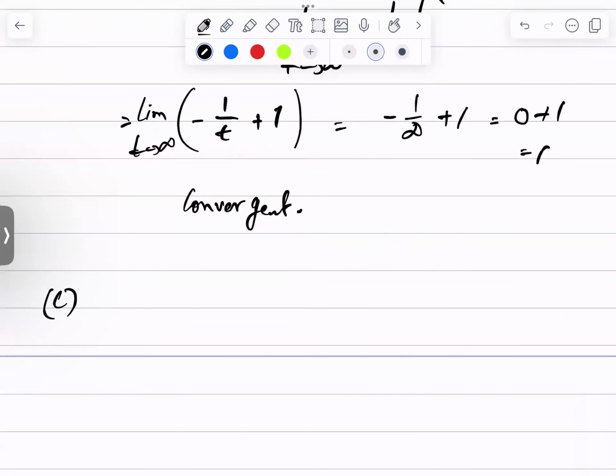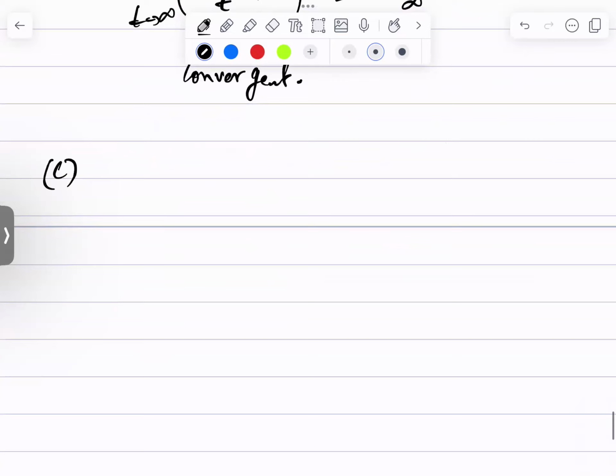For C, what you need to do is consider the integral from minus infinity to infinity of 1 over x squared plus 4 dx, right?